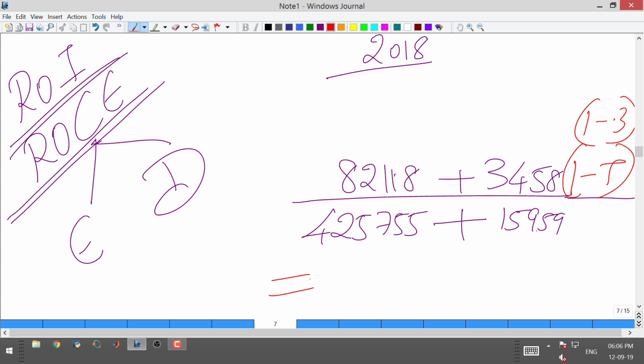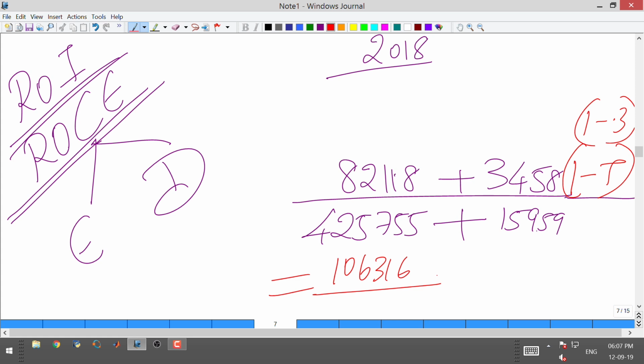If you actually look at this particular case, you can calculate 3458 into 0.7 plus 82118, that is about 106,316.